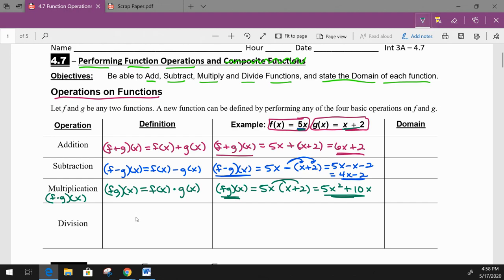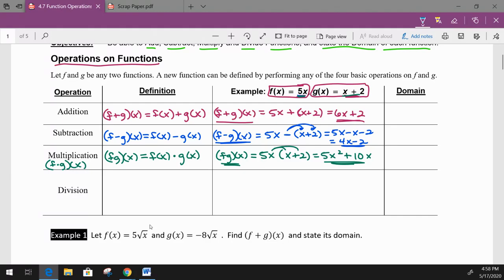And then last but not least, we have division. If we are dividing, it will look like this, f over g of x, which means to take the f of x function and put it over the g of x function, because when you're writing a fraction, that fraction bar is a division sign.